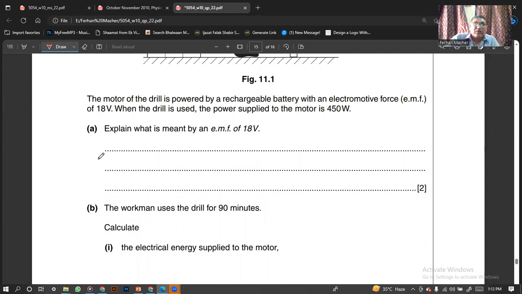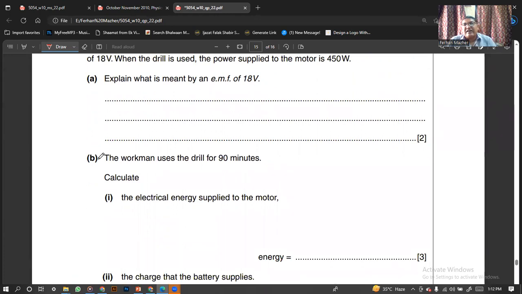If you want to calculate the electric energy in joules, then energy is power multiplied by time. The power will be taken in watts and the time in seconds. If you want to calculate the electric energy in kilowatt hour, then the power will be converted into kilowatts and the time will be converted into hours.